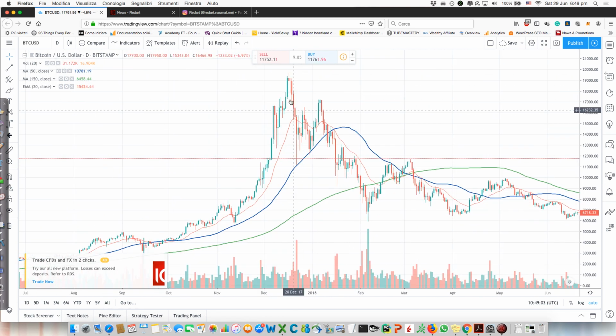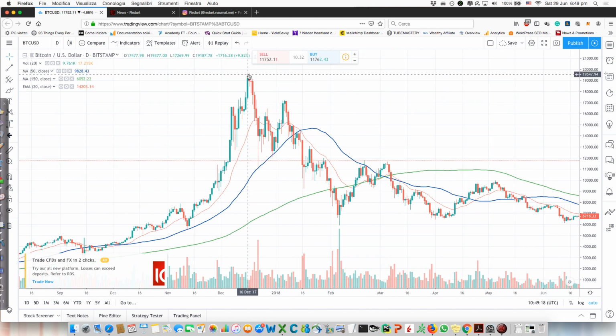We were quite far from the blue line. So when the price starts to quickly move far from the blue line, it is an indication that there may be a correction, okay?